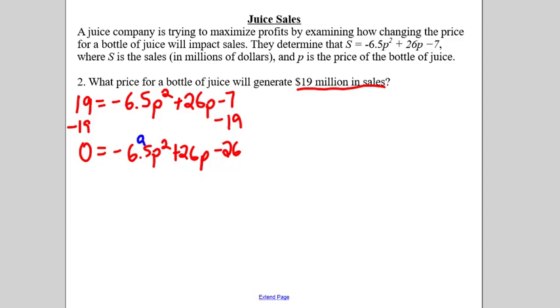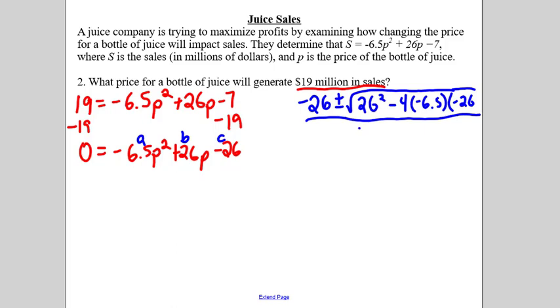So remember, this is A, B, and C. So I have negative 26 plus or minus the square root of 26 squared minus 4 times A, negative 6.5, times C, negative 26, all over 2 times negative 6.5. So let's start simplifying inside. Well, 26 squared is 676.